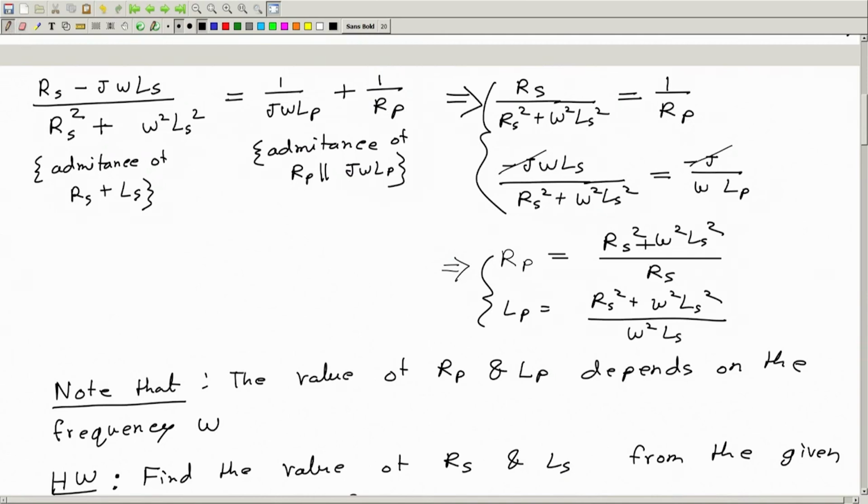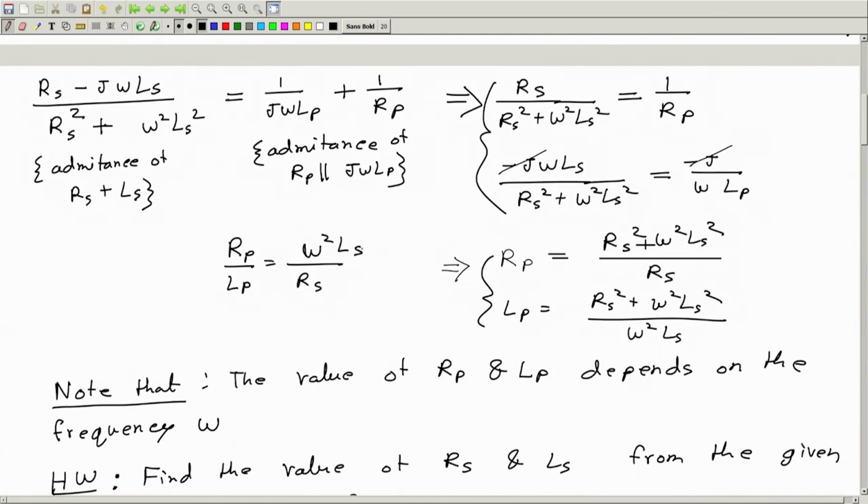Okay. Now, from here we say that Rp by Lp, if we compute this quantity, then these two terms are same, so they will cancel. We will have Rp is proportional to 1 over Rs, and in place of Lp we can write this as omega square Ls.